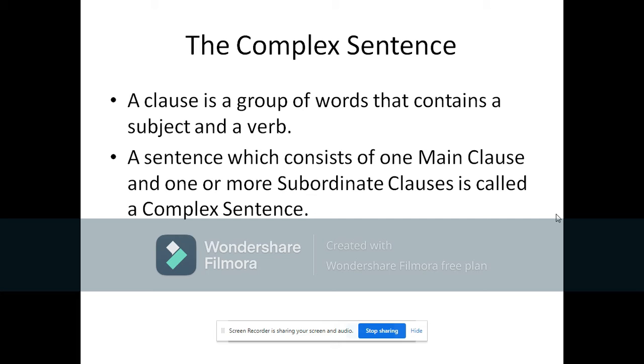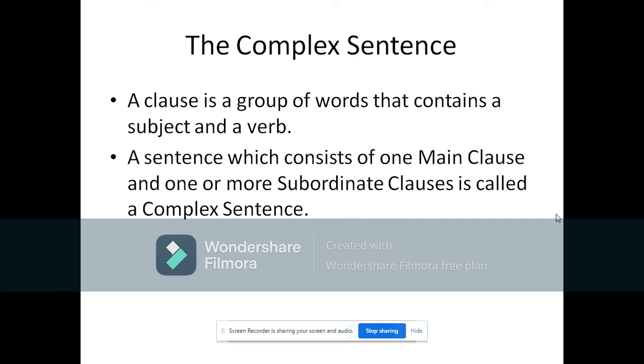There will be one main clause and one or more subordinate clauses.